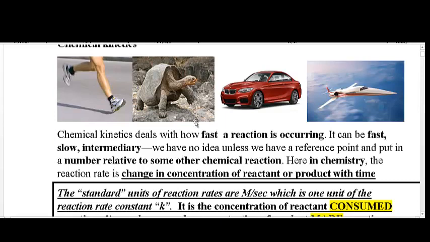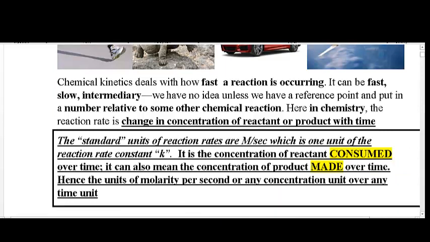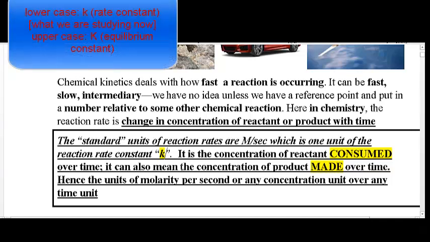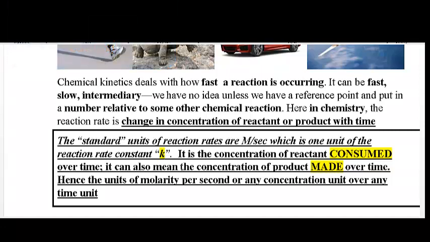Now there's two things that really influence how fast the reaction is going to occur, and that is k. This is going to be a rate constant, and do not confuse lowercase k with uppercase K. Lowercase k is what we're studying in this chapter, a rate constant, and uppercase K is the equilibrium constant, which is going to be in a later chapter.